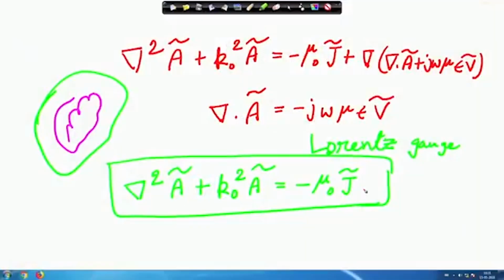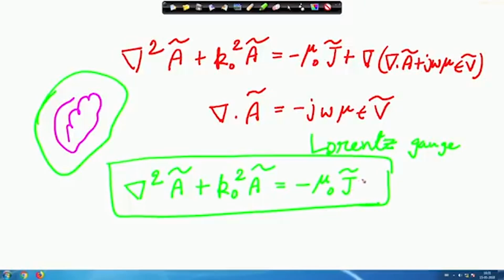Now, this equation comes up several times in all branches of engineering. This is the wave equation, and we know its name, after the first person who did it, Helmholtz. So, this is a Helmholtz equation. Only, please remember that this is an inhomogeneous Helmholtz equation, because the right-hand side is not 0; it is the source.